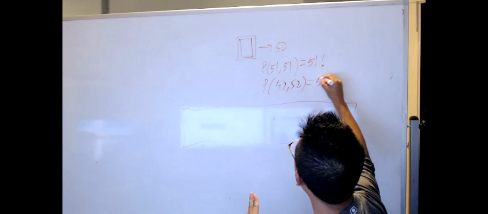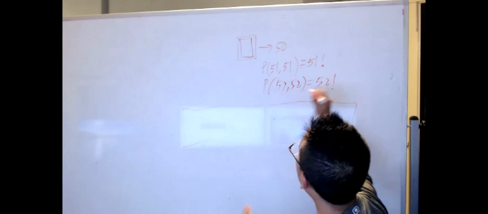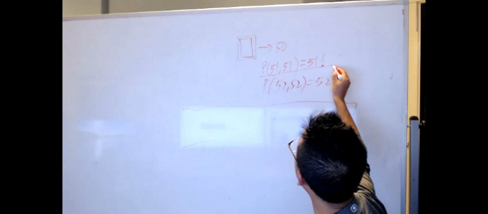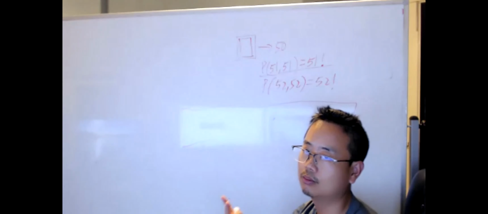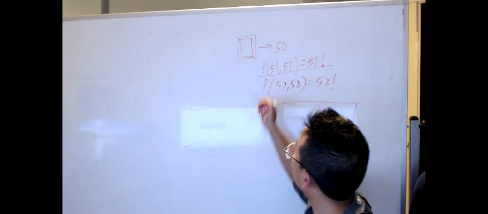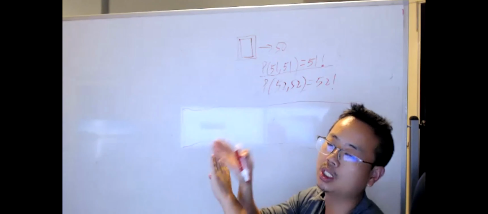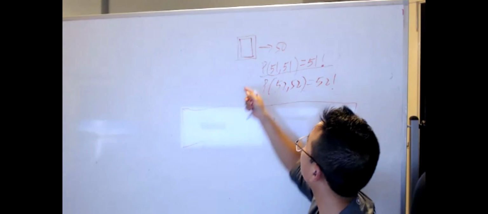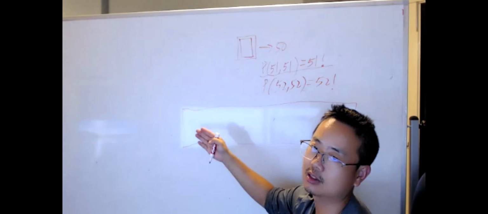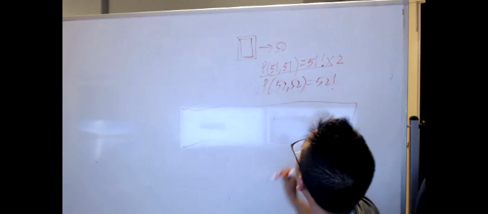So that's 52 factorial. However, in general, stapling them together is one case, but switching between the two, they're still adjacent, right? So we should really times 2 in here.